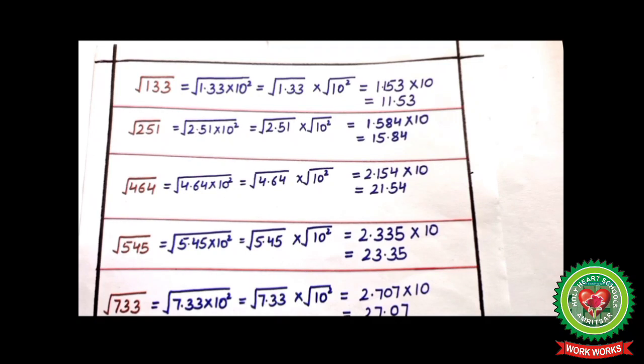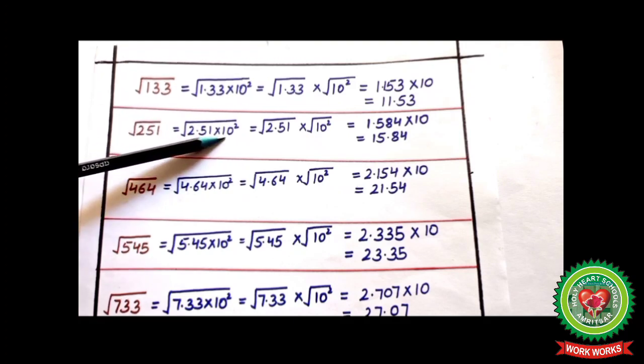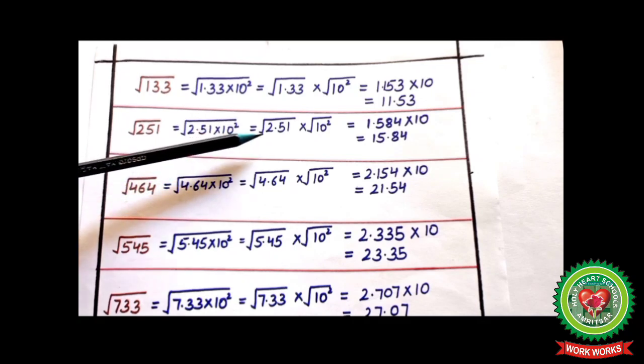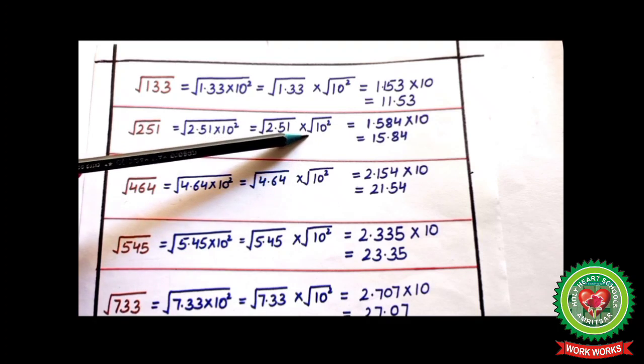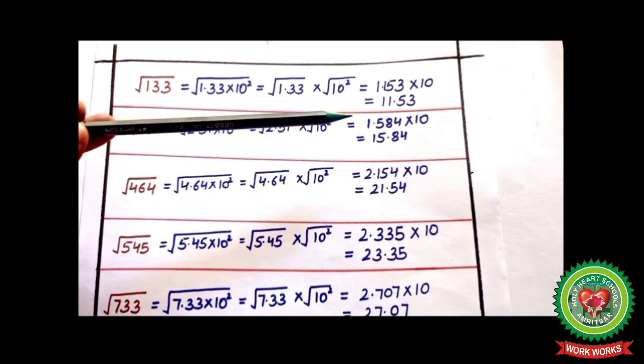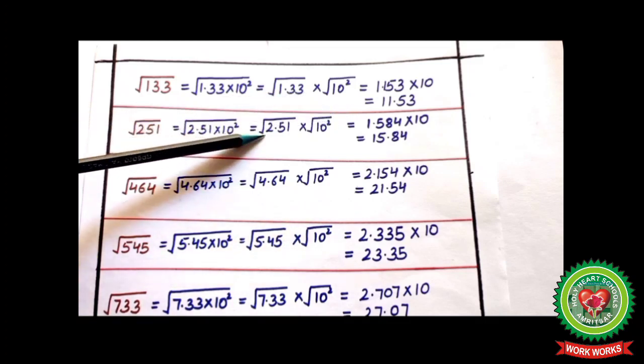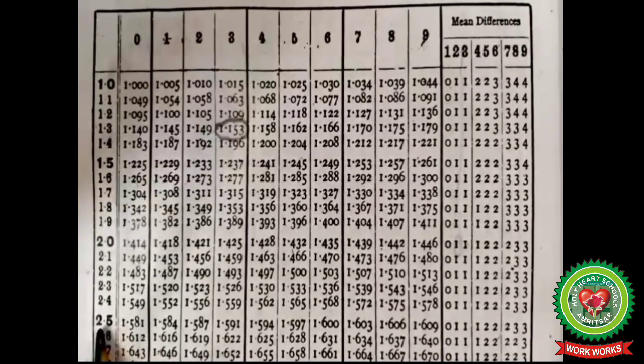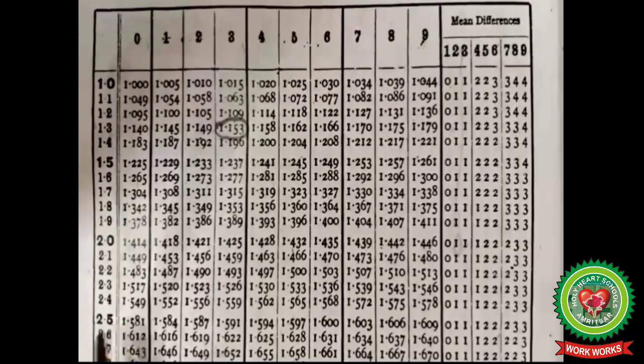Now the next example is square root of 251. Again square root of 2.51 multiply 10 square. Then separate the roots. Square root of 2.51 multiply square root of 10 square. Again, square root of 10 square is only 10. Now we have to check square root of 2.51 in the log table. So we have to see from 2.5 till 1.